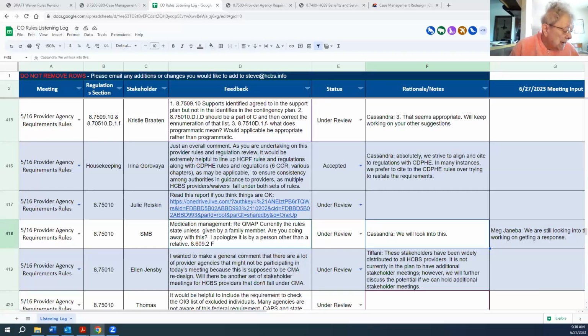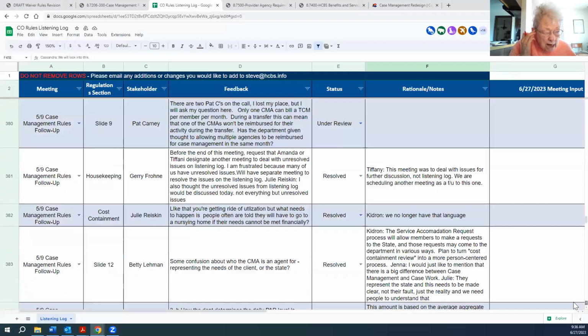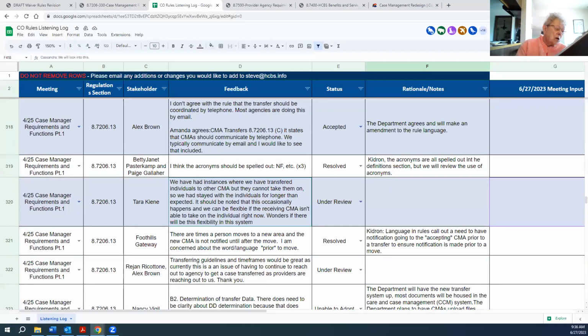Listing log number 320. This talks about when someone is wanting to change case management agencies and the receiving case management agency states that they cannot accept the person for some reason, but the person has serious needs to move case management services to that receiving case management agency.